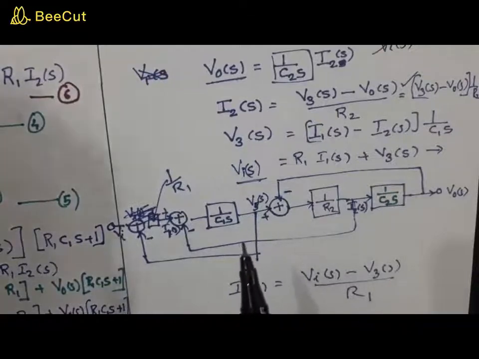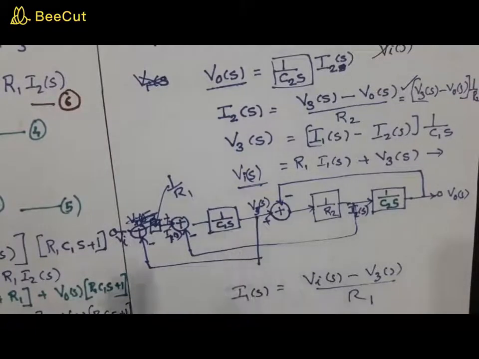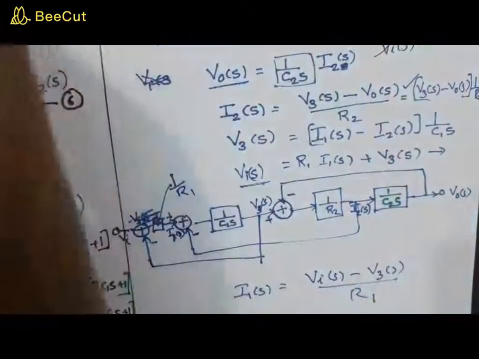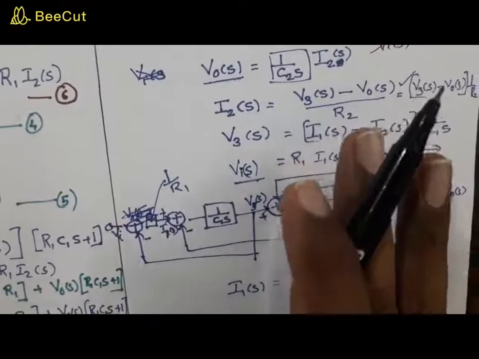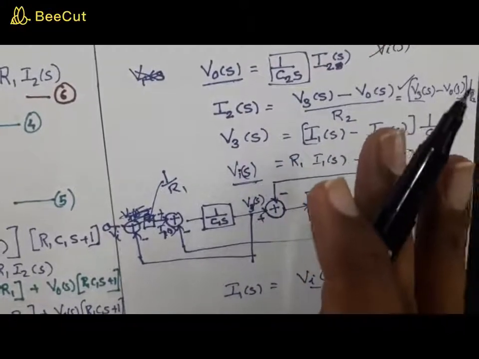Now from this portion, what you need to study mandatorily is how to find the transfer function from a circuit, but developing the block diagram is not actually specified in your syllabus.